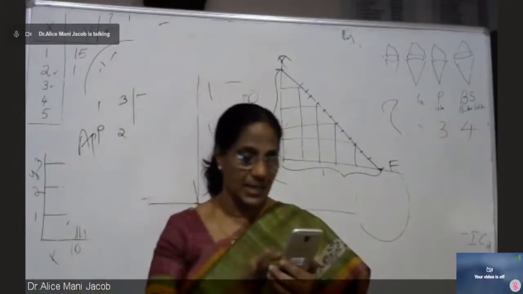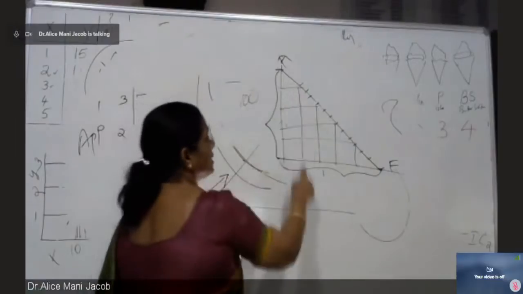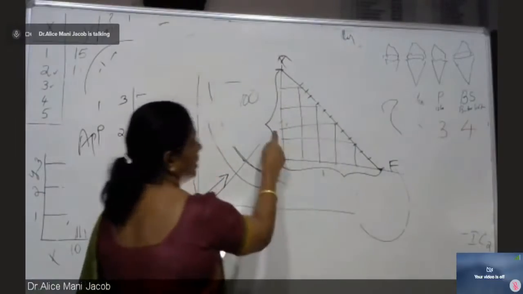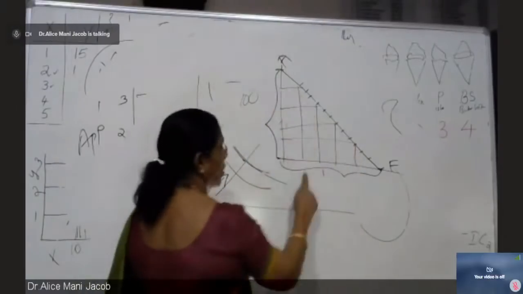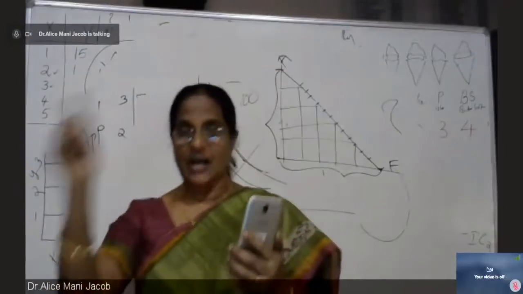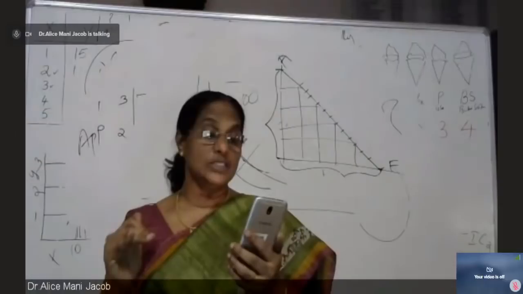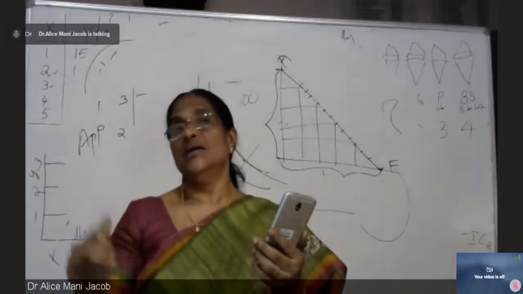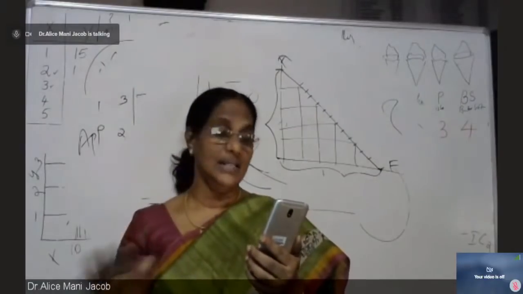I hope it is clear. That is a budget line. This is a combination. This is a combination. X and Y is a combination. A combination of 2 goods that a consumer can buy at given prices with a given income.